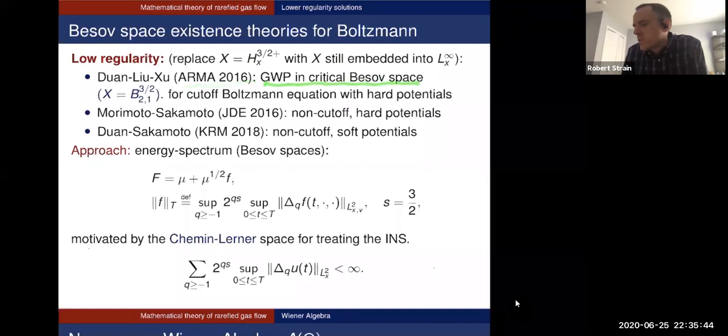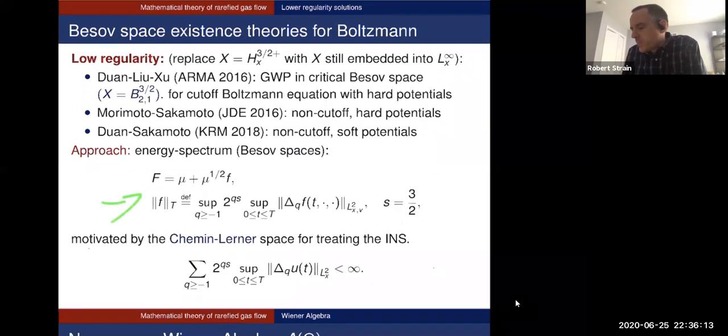They proved global existence in the critical Besov space X equals B 3/2 2 1 for the cutoff Boltzmann equation with hard potentials. That was extended by Morimoto and Sakamoto to the non-cutoff hard potentials, and then by Duan and Sakamoto to non-cutoff soft potentials. So you can have these Besov space theories for the non-cutoff Boltzmann equation now.